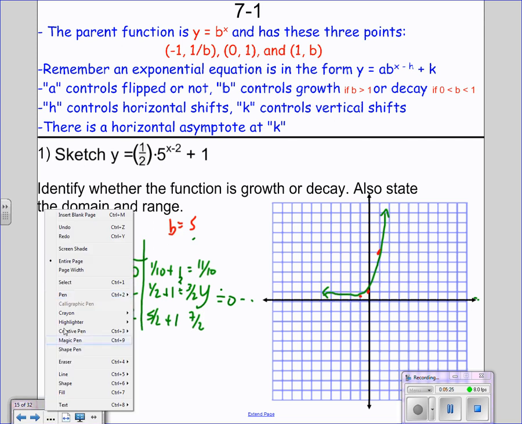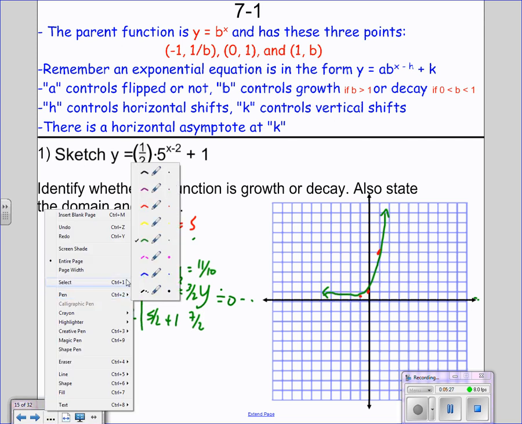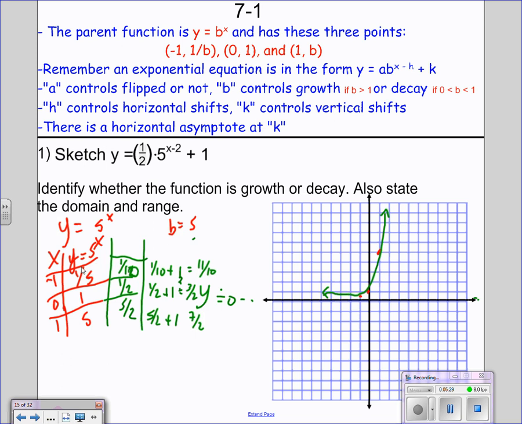My new x values, I simply will just add 2 to my x's. So my old x was -1 plus 2, because if you look up here, it says -2, we got to do the opposite. So that's going to give me +1. And then 0 plus 2 is 2.